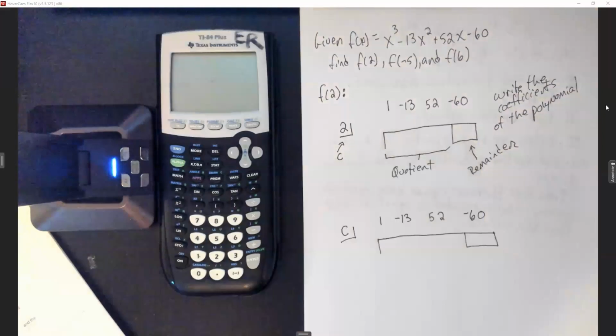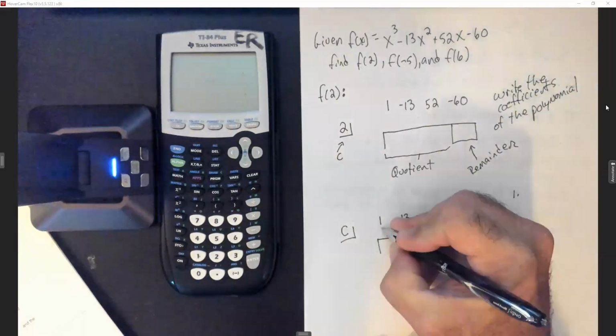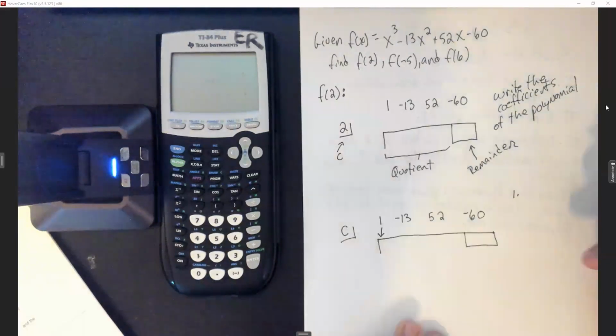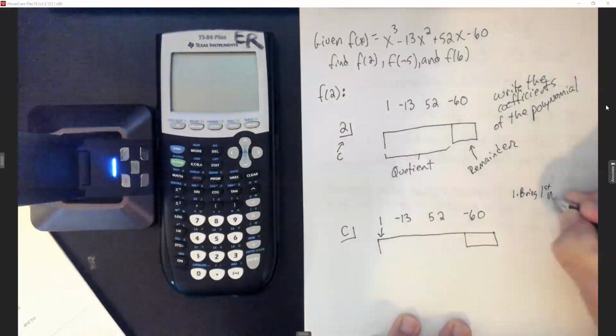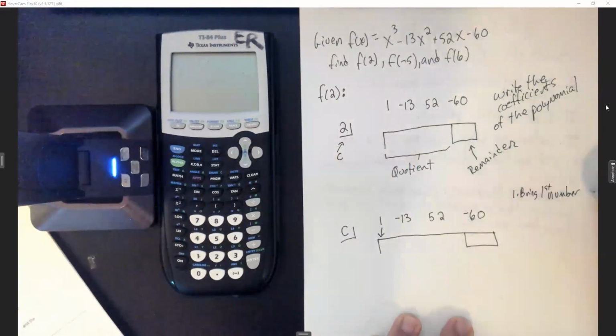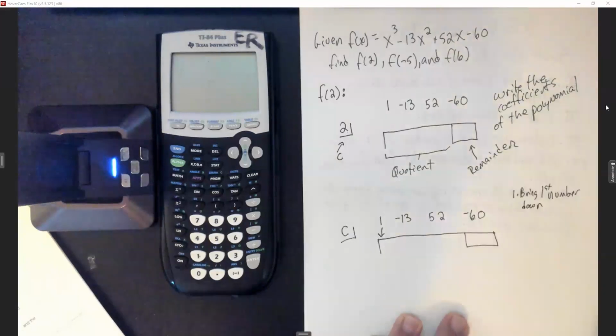All right, y'all, so synthetic division is a repetition in a pattern. So the first thing I'm going to do is bring the first number straight down. So that would be a 1 down there in my first box.